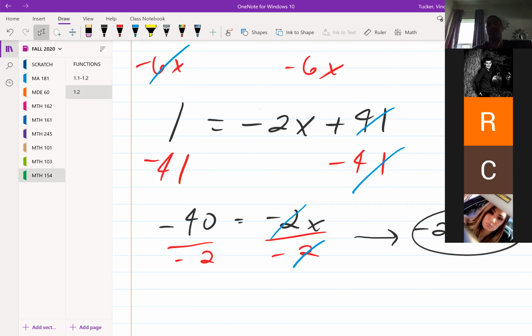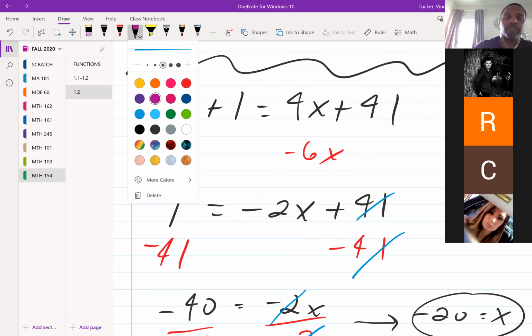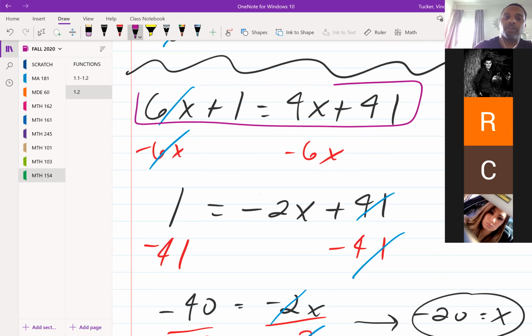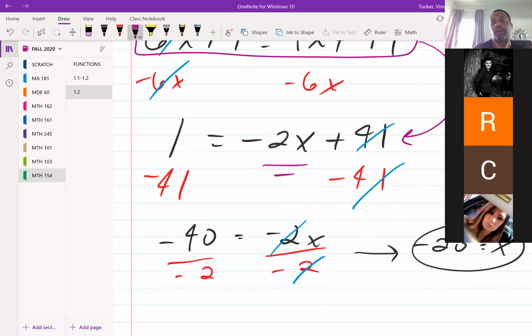Right, because at this moment, when you look at this equation, your goal should be to get all of your terms with x to one side, all of your terms without x to the other side. So when I go here, I have all of my x terms on one side, so that means I need to take this 41 to the other side.